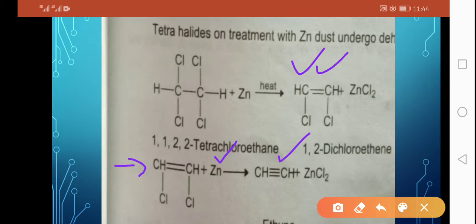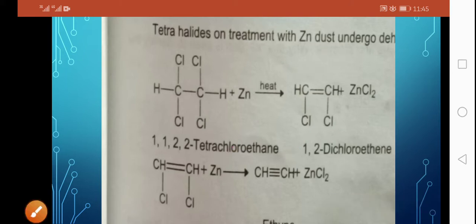So we are having ethyne from the dehalogenation of tetrahalides, and for the dehalogenation we must have a two-step reaction. In the first step we have the removal of two chlorine atoms from the adjacent carbon atoms, and as a result we get 1,2-dichloroethene, and in the second step we get ethyne, the product that we have to prepare during this reaction.